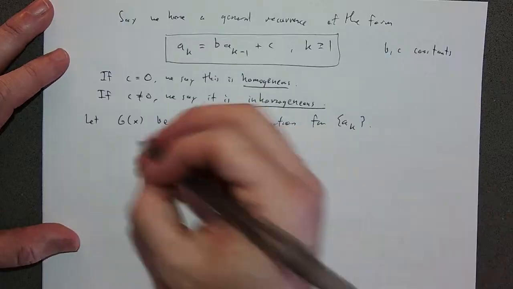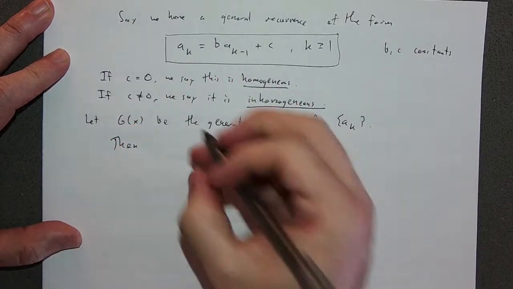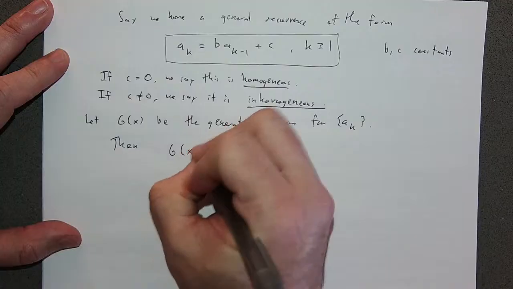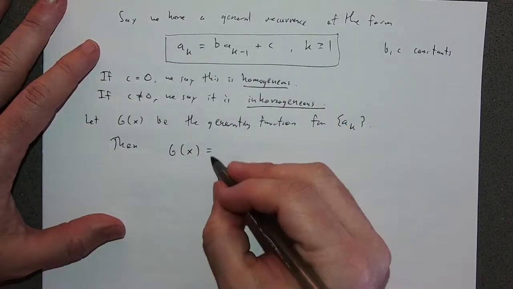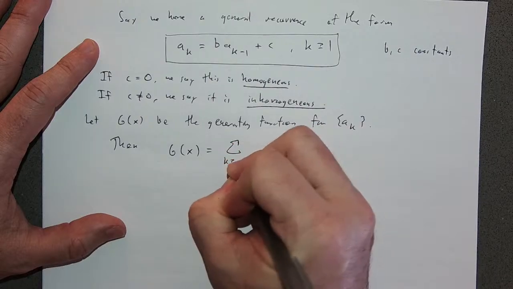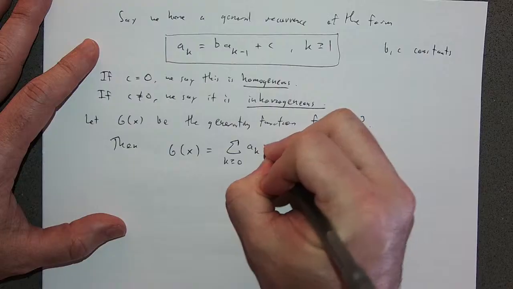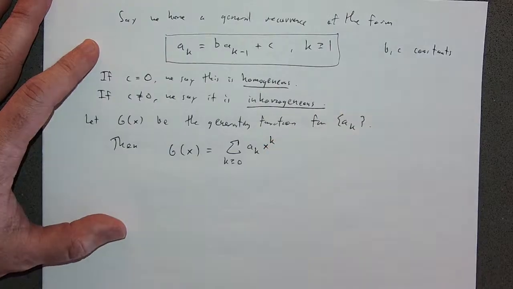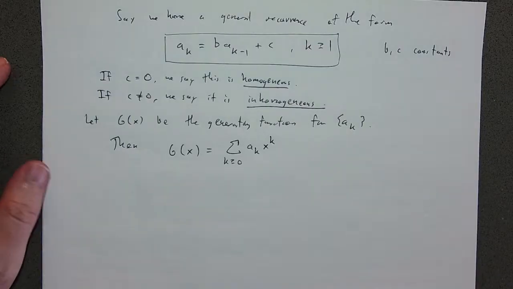Then the idea is, by definition, g of x is the sum over k non-negative of these terms in the sequence as coefficients of x to the k in this power series.